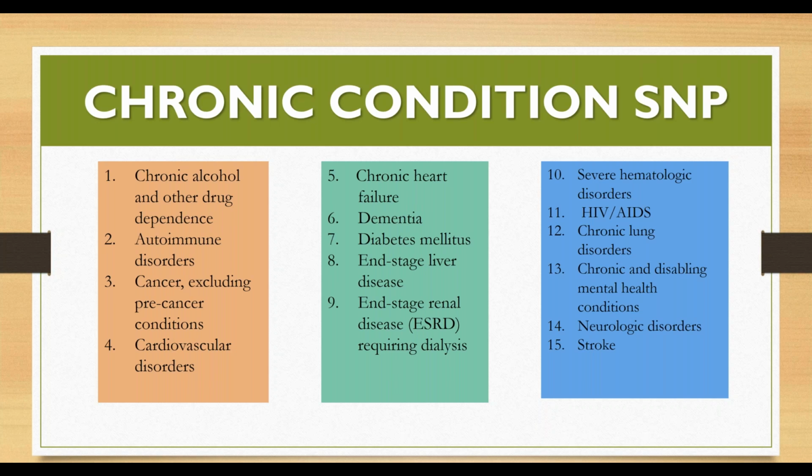So those will have a special needs plan for them. Some of the neurological disorders like epilepsy or ALS. Okay. And let's see what's going on from there, like Huntington's, MS, Parkinson's, spinal stenosis. I mean, so there's quite a few of the neurologic ones. And then stroke.